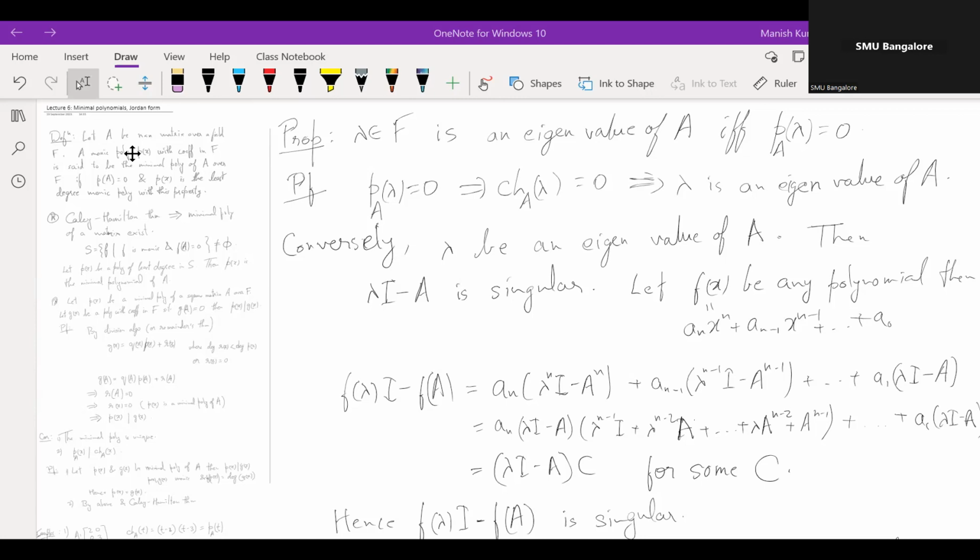And of course, the a_0 term will not be there, because the coefficient is going to be I minus I, which is 0. Is that okay? This equation star is clear?